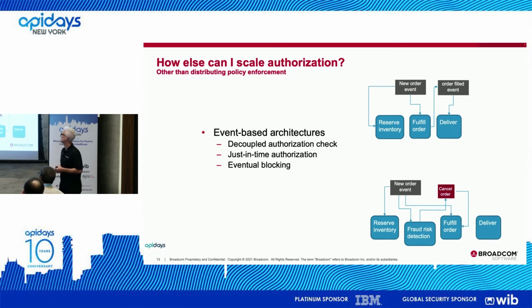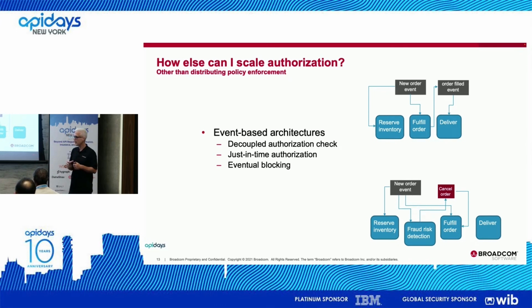So imagine this really textbook e-commerce scenario where there's a new order event coming in and you've got a microservice that reserves the inventory, and another one that also subscribes to the event and fulfills the order. And then eventually there's an order-filled event that gets picked up by a delivery microservice, which initiates delivery, right?